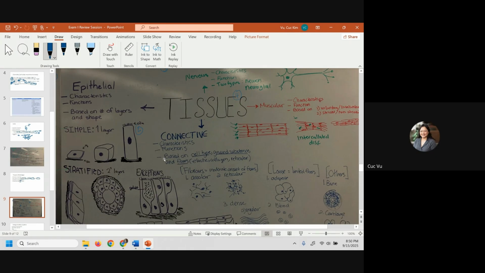So let's just pick one to go through. Bone. What is the cell type that you would find in bone? Osteocytes. Yes. What's the ground substance in bone? It's got a lot of minerals. What minerals?